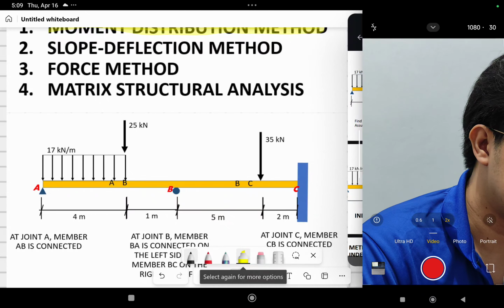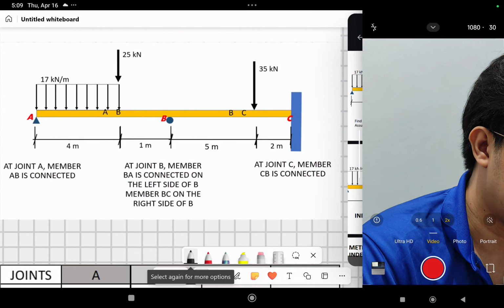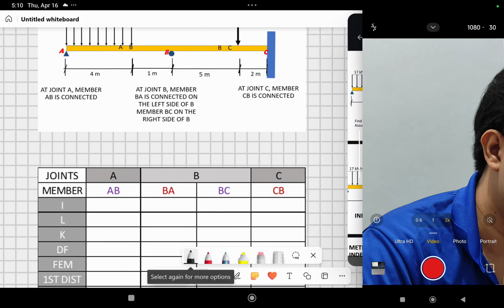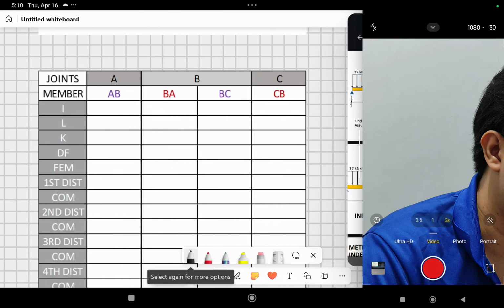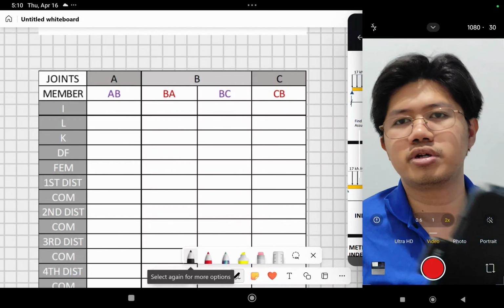Okay, so first, I have prepared a table here. Okay, so in this table, it contains the following information.